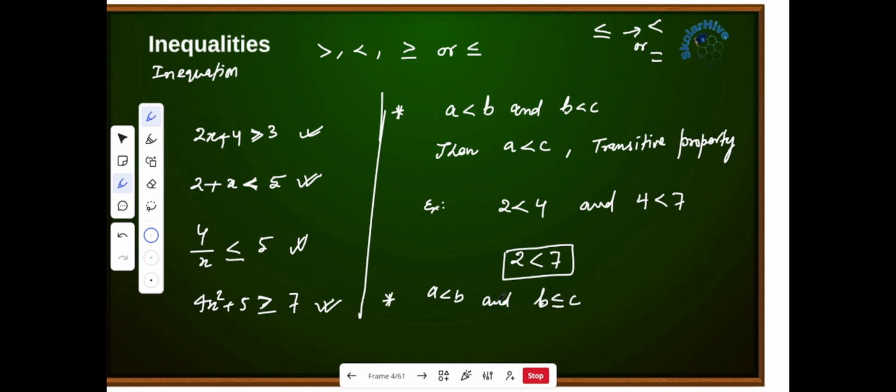So here we have A less than B and B less than or equal to C. Then by the transitive property, we'll get that A less than C. So for example, you can just check it: 2 less than 4 and 4 less than or equal to, let's say, X. So we can write by using the transitive property 4 less than or equal to X and 2 less than 4.